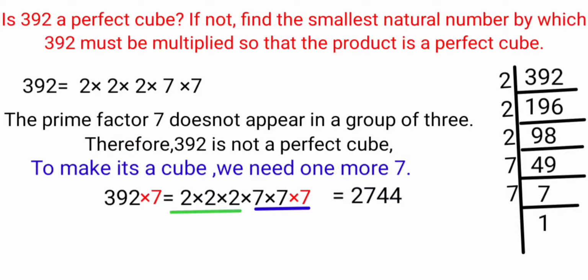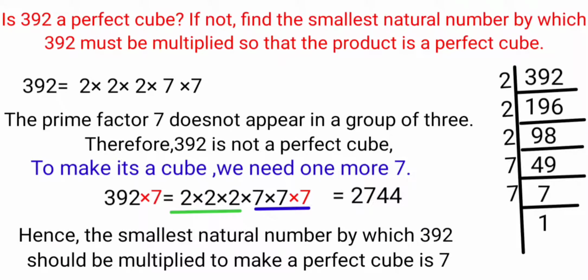So 2744 is a perfect cube now. Hence the smallest natural number by which 392 should be multiplied to make a perfect cube is 7, because we multiply 7 on both the sides to make it a perfect cube.